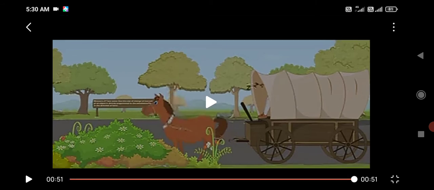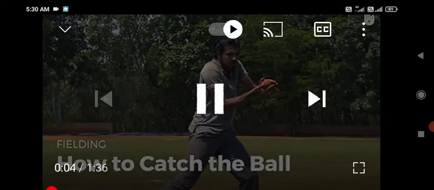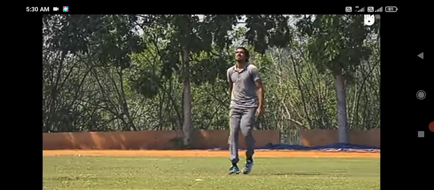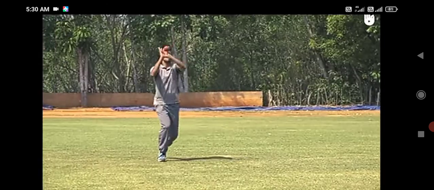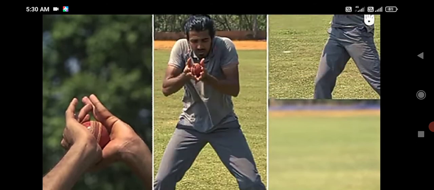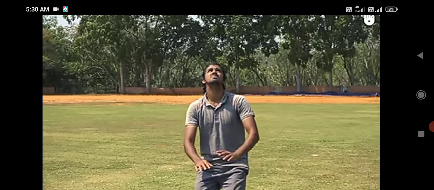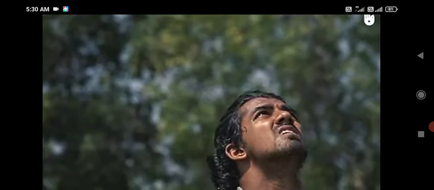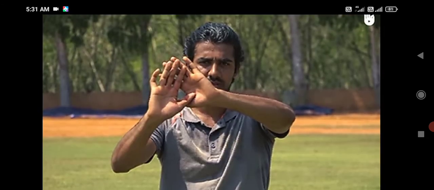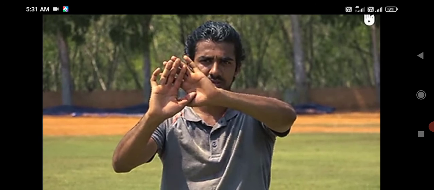Next, one more application of Newton's second law. Why does the cricket player lower his hands when catching the ball? Here you just observe this animation. One cricket player catches the ball in a different manner. At the time of catching the ball, he lowers his hands. Why? He lowers his hands because he wants to reduce the change in momentum.